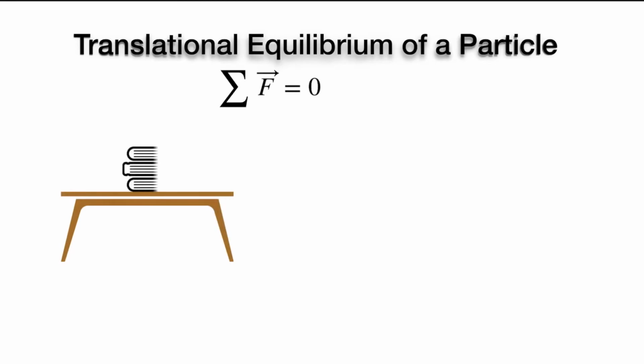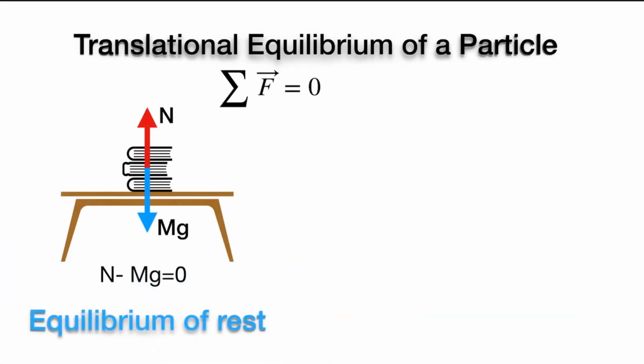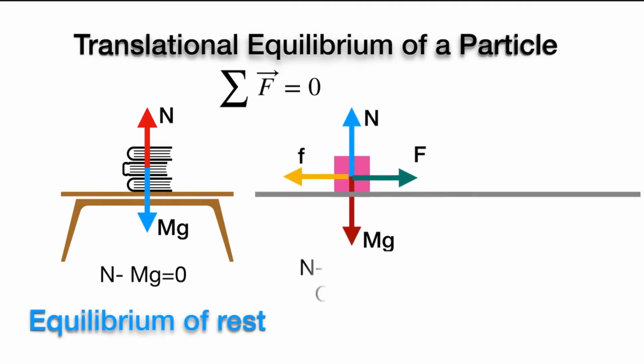For example, a book on a table. The weight of the book is balanced by the normal force by the table on the book. So here the forces are balanced, or the net force on the book is 0, and this is known as equilibrium of rest. The other type of equilibrium is constant velocity.